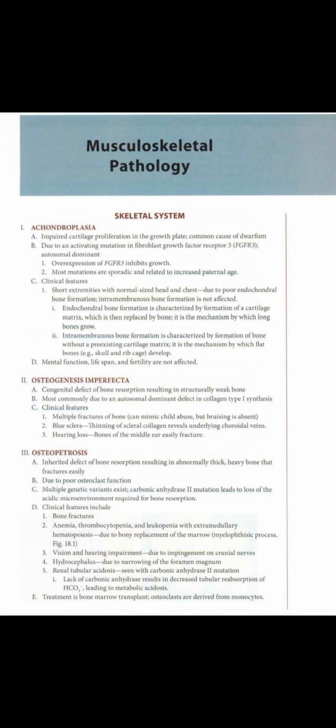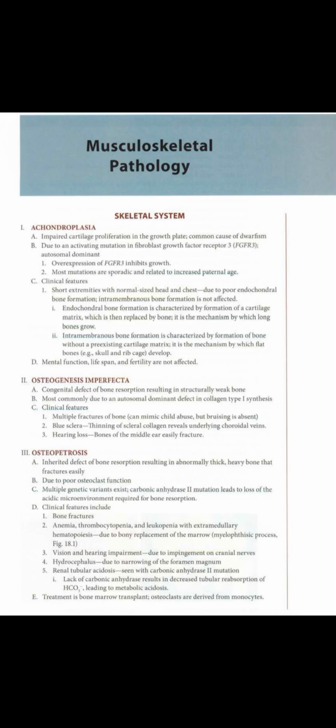Multiple fractures of bone can mimic child abuse, but bruising is absent. Number 2. Blue sclera. Thinning of sclera collagen reveals underlying choroidal veins. Number 3. Hearing loss. Bones of the middle ear easily fracture.